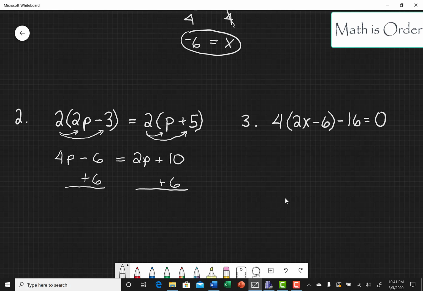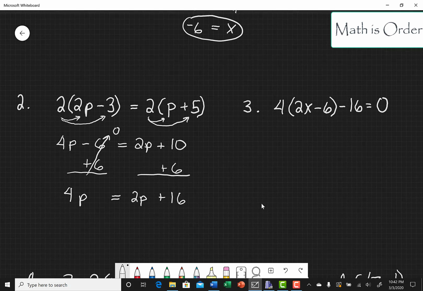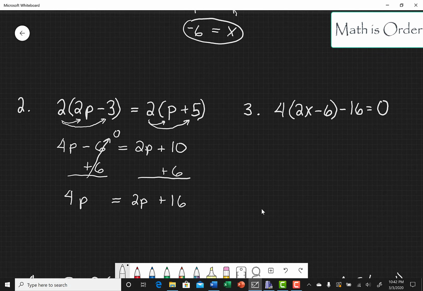All right, now plus 6 minus 6 cancel out to 0, bringing down the 4p as the only thing left on the left-hand side. And on the right-hand side, we got 2p plus 16, all right? Next, we almost got the like terms on the same side.